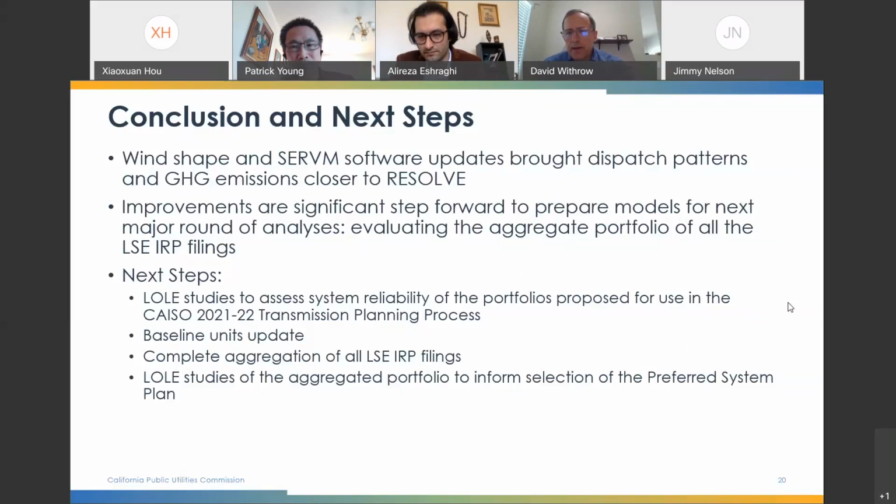Matt Barmack, you're unmuted. Yeah, hey, can you hear me? Yes. Hey, this is probably not material, but I was just wondering why the load seems to vary a little bit numerically across SERVM cases for the same year.